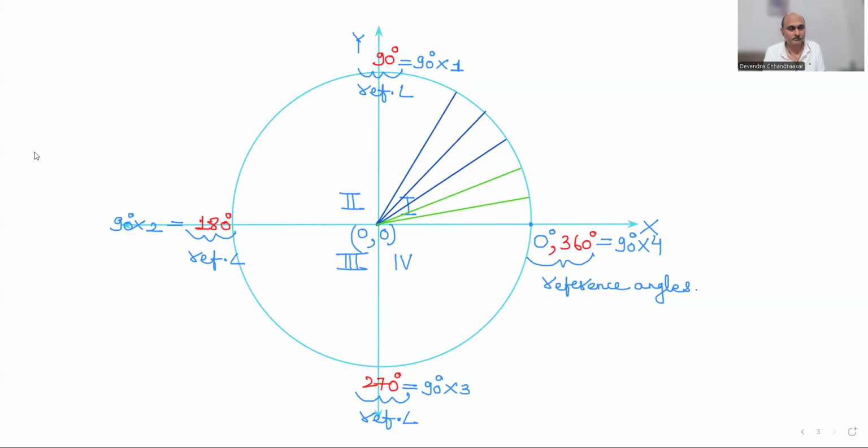Can you see? All of you? So these are the sectors of 15 degrees each.